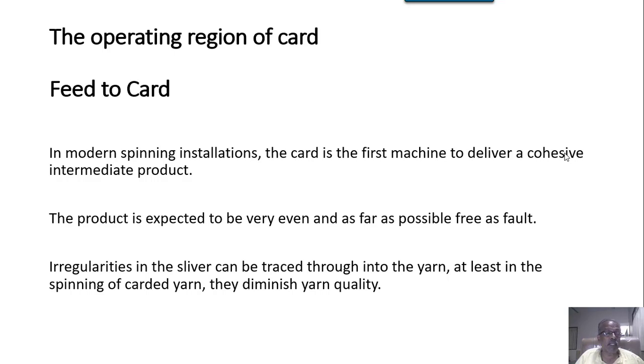Therefore, at least in the spinning of the carded yarn, they diminish the yarn quality. What this means is, when we exclusively produce a carded yarn, some irregularities are seen, though we are taking the efforts to minimize them, but still they persist in some way or the other.